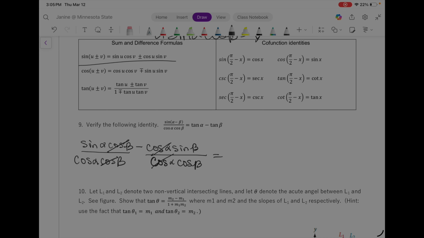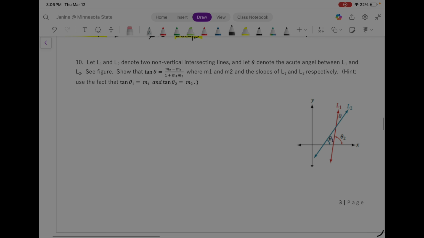Well, what's left? Sine alpha over cosine alpha, and that's tangent alpha. And then a minus sign. Sine beta over cosine beta. And we just proved what we were trying to prove. All right. Tricky problems.